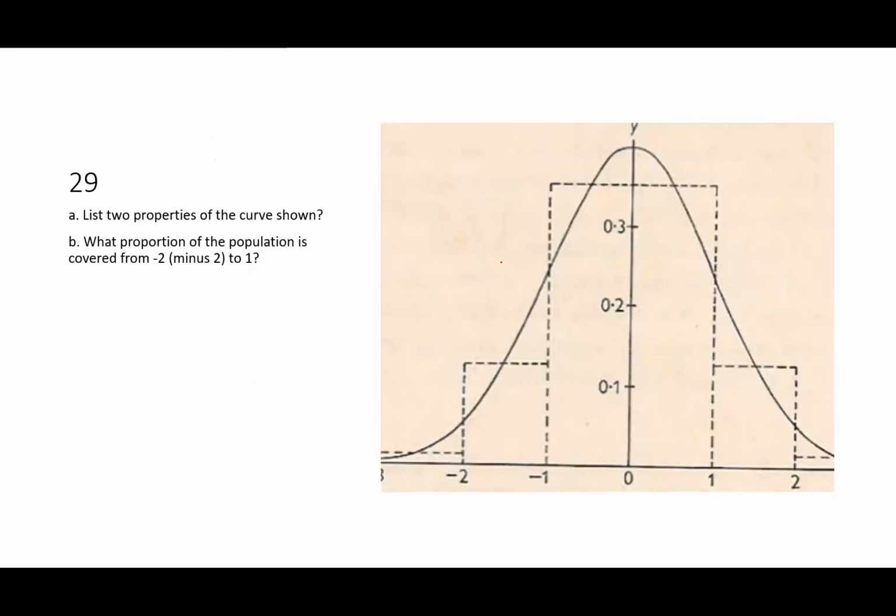List 2 properties of this curve. Now, you can see this is a normal distribution curve. You should list 2 properties of the normal distribution curve. Number 1, it is symmetrical. 2, it is dome-shaped or bell-shaped.